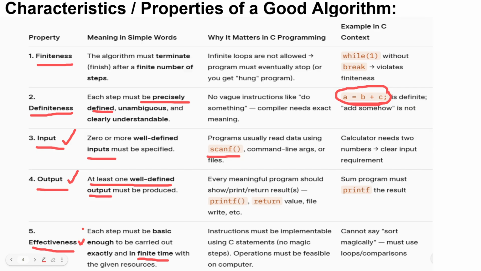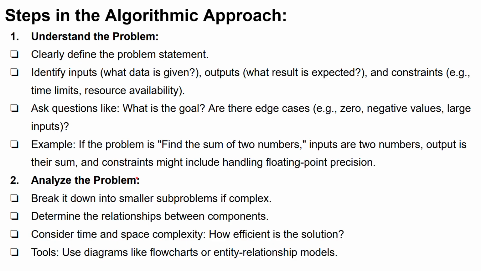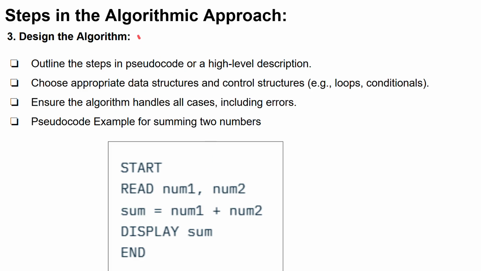So here we have five characteristics of a good algorithm: finiteness, definiteness, input, output, and effectiveness. Then there are steps in the algorithmic approach. First, understand the problem. Second, analyze the problem. Third, design the algorithm.